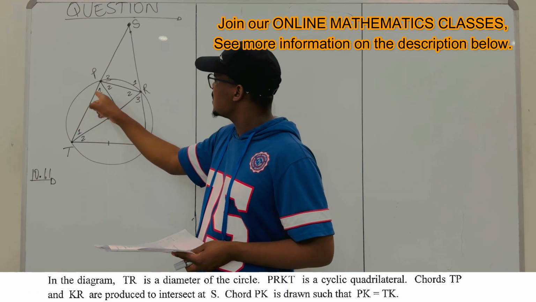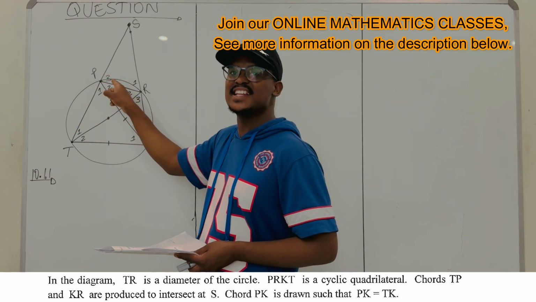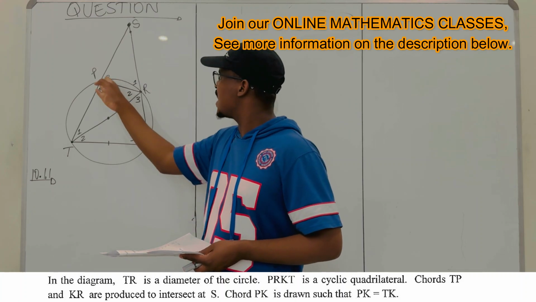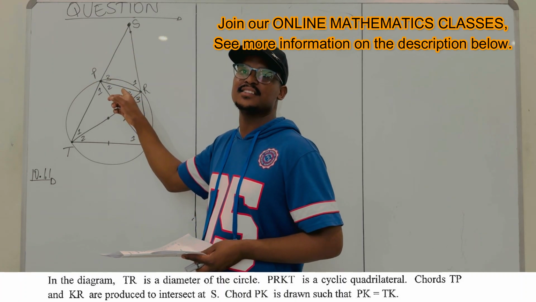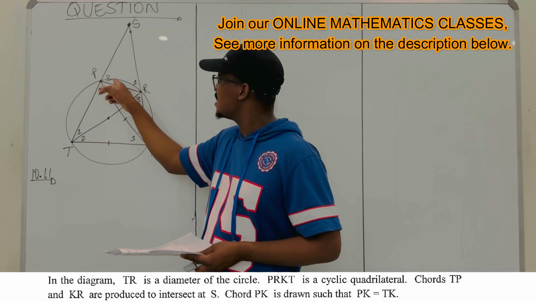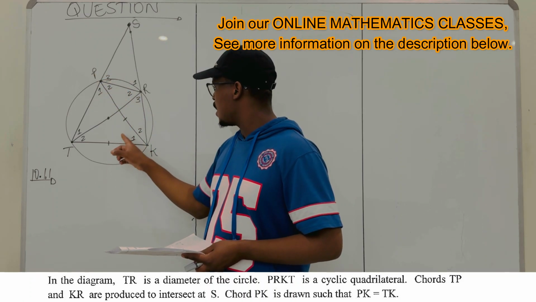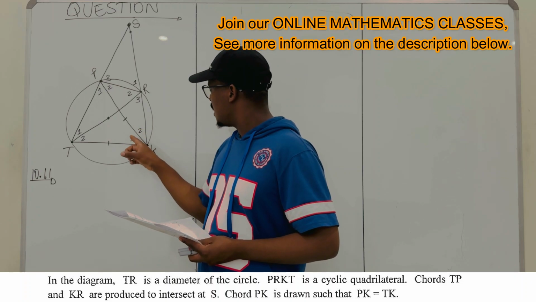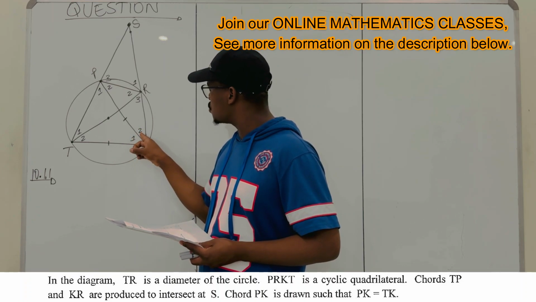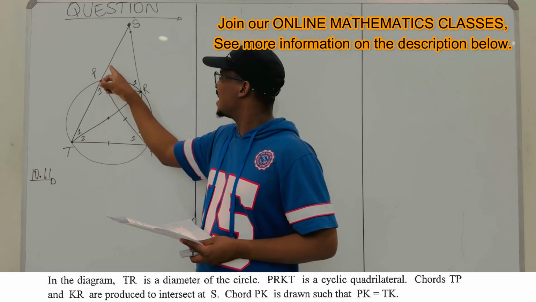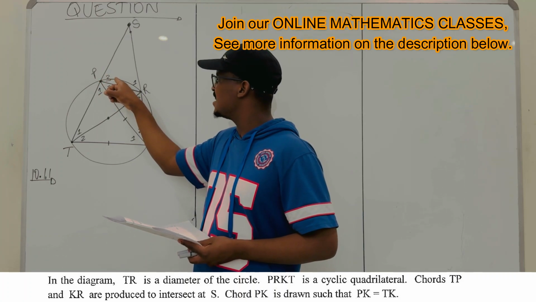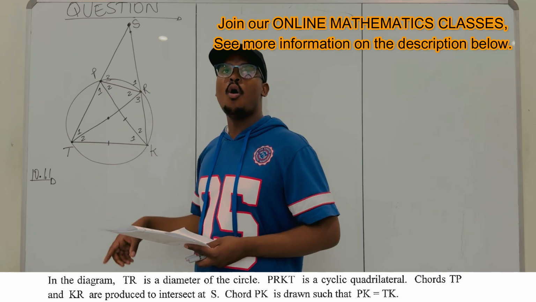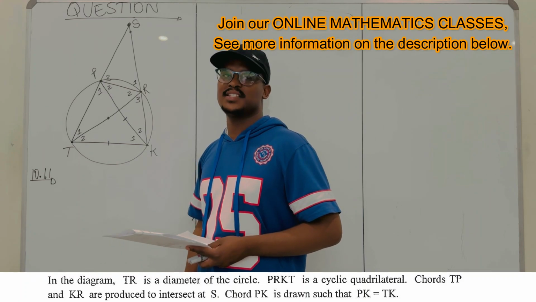That angle P3 is an outside angle, called the exterior angle of a cyclic quadrilateral. It's the angle between the extension and the closest side. So this angle P3 is equal to angle K1 and K2. If you add K1 and K2, they should be equal to P3. So P3 is an exterior angle of a cyclic quadrilateral, and K1 is the interior opposite angle.